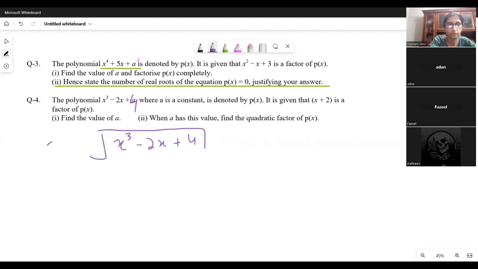The divisor is x plus 2. And we will do long division. x square, x cubed. Achha, I forgot to add plus 0 x square. Plus 0 x square minus 2x plus 4.